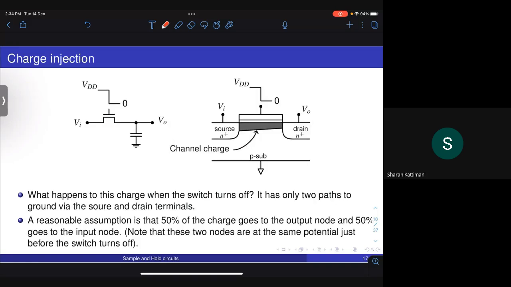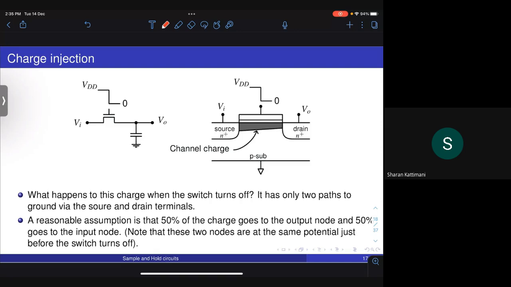One of the arguments is that both of them are at the same potential, it's just the impedance difference that matters. The source side is generally expected to be a low impedance, and the output side is a capacitance which just can take in the charge that the channel has to get relieved of.